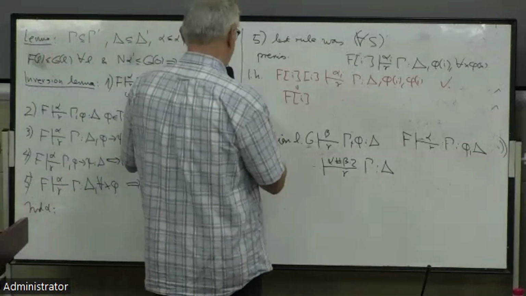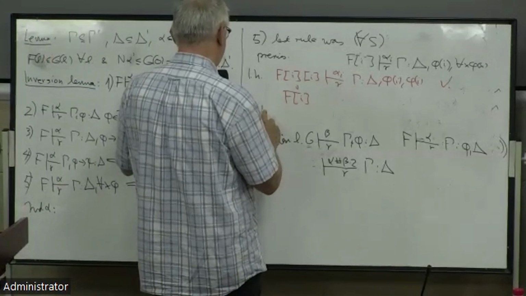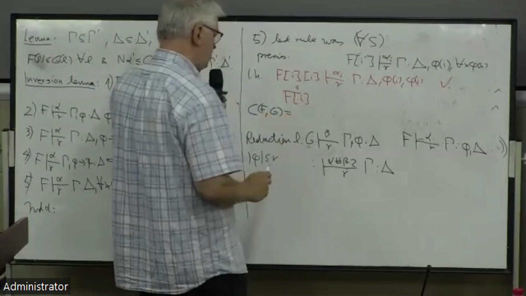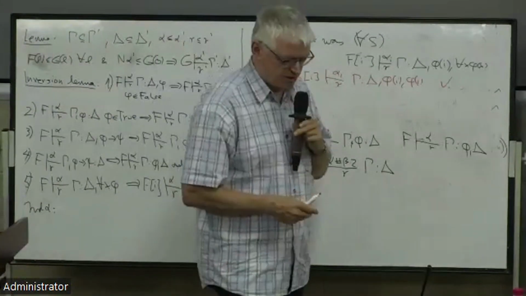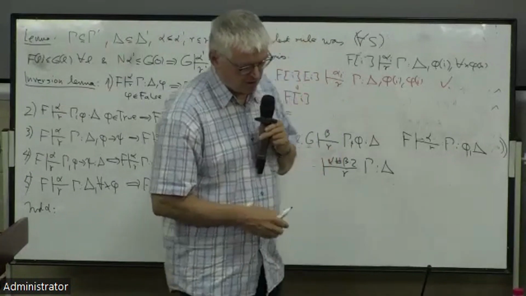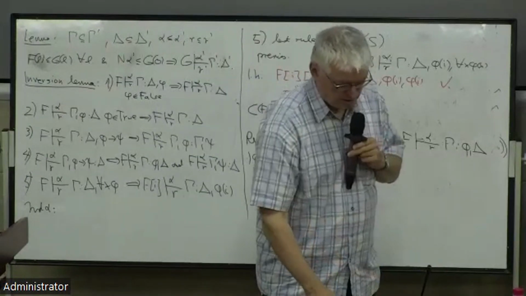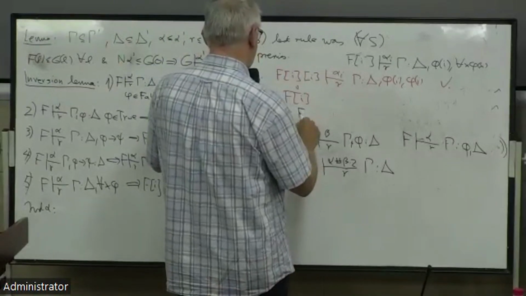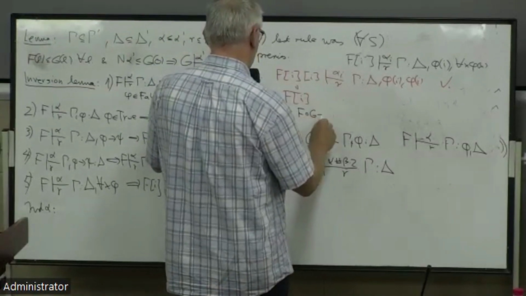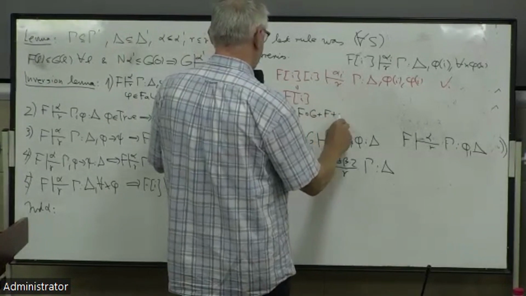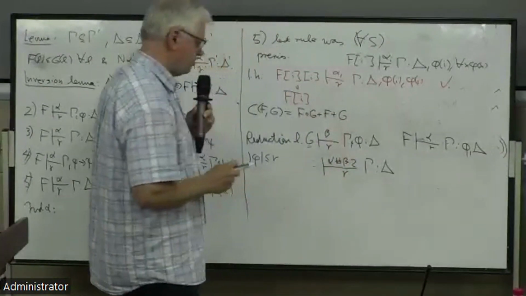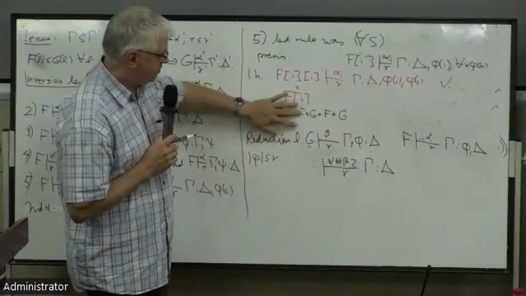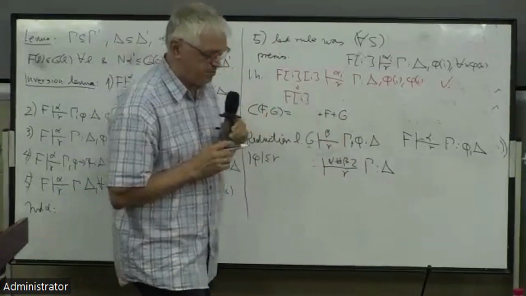So I define an operator, C of F and G. And now it matters, this operation is not fully symmetric. So G comes on the right-hand side. So it's a composition of F with G plus some minor stuff, F plus G, pointwise addition. What's important is this part. So F composed with G.